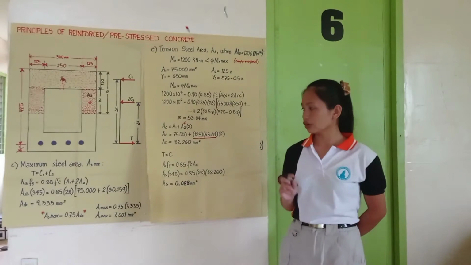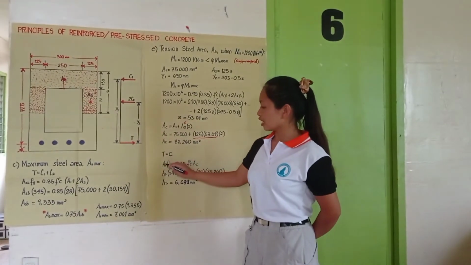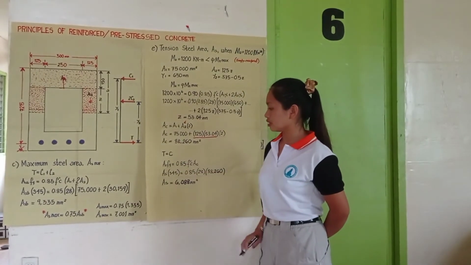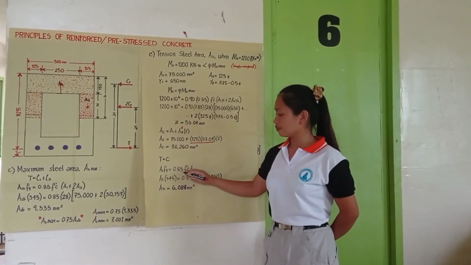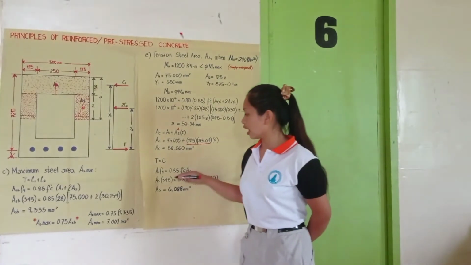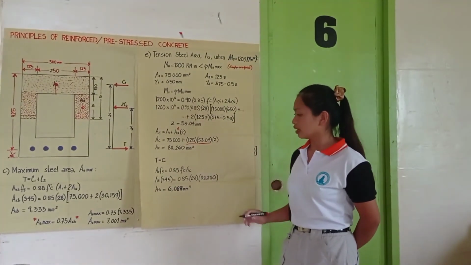So AC is equal to 88,260 millimeters squared. When the force of tension is equal to the force of compression, that is T equals C, so our As Fy is equal to 0.85 f prime c times AC. This formula will be used in solving for our tension steel area.